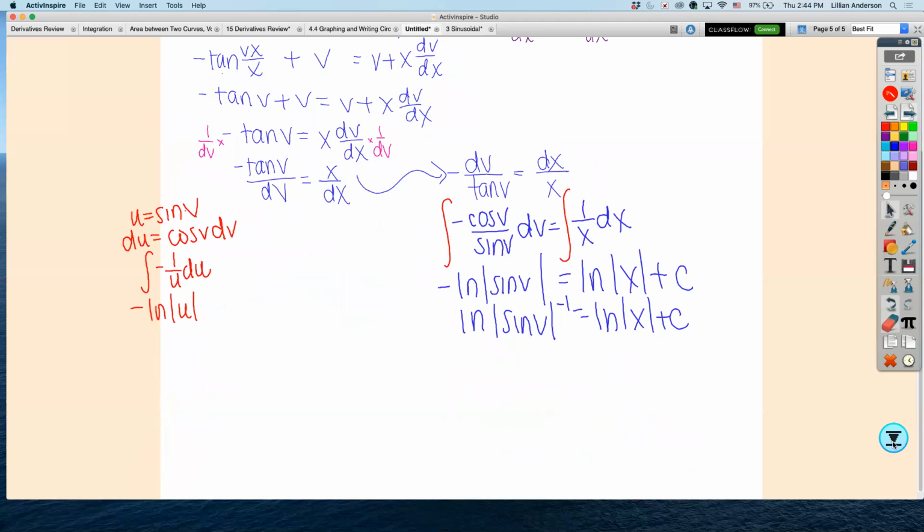So this turns into sine v to the negative 1 equals x plus e to the c, because technically both of them got raised up. You apply the e to both of the elements.